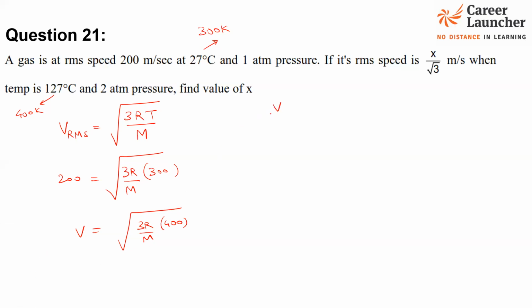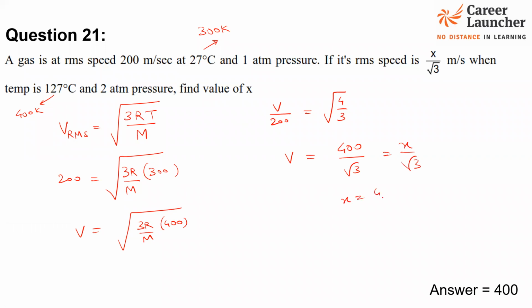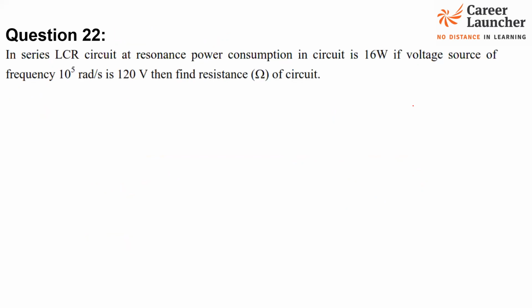So V upon 200 will be under root of 4 by 3, so V will be 400 upon root 3. My answer should be 400. Comparing with x upon root 3, x comes out to be 400. I would treat it as a medium level problem because it requires a little bit of calculation, but not much. There's no ugly calculation as such in the paper.